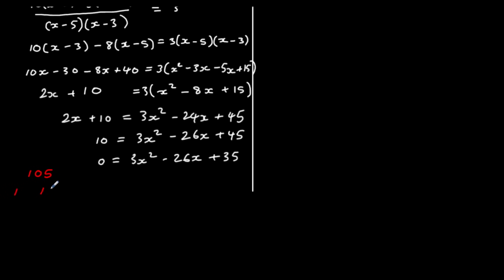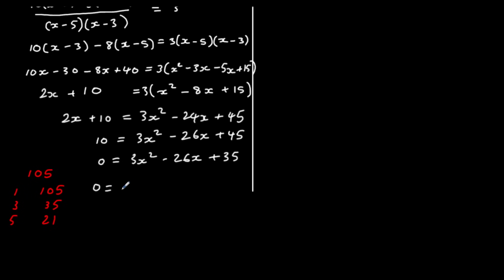So let's list the factors of 105. 105, it's not in the 2 times table. We know it's 3 35s. It can't be in the 4 times table. And it's 5 21s. And that will give us a negative 26.